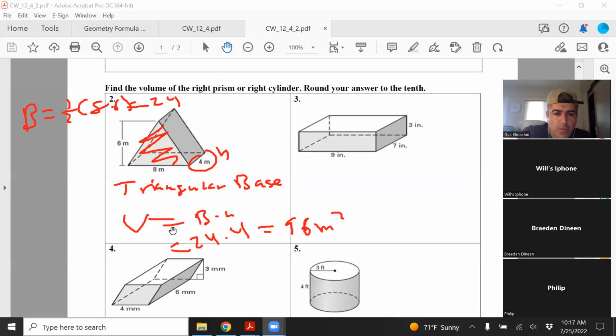For number 4, the base is going to be a parallelogram right here, where that's one side and that's the altitude.